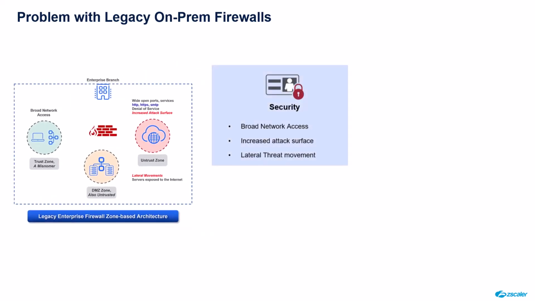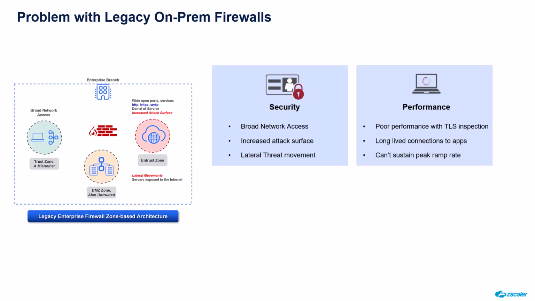So clearly, the challenges associated from a security standpoint in a traditional on-prem firewall world when it comes to access controlling policies are too much broader network access, increased attack surface, and lateral threat movement. And not only that, if you try to do SSL decryption and inspection of this traffic, content and context, that would result in poor performance the moment you turn on SSL inspection. And oftentimes, these branch offices have smaller capability firewall devices, which do not have all the capabilities, even from a full stack of security perspective.